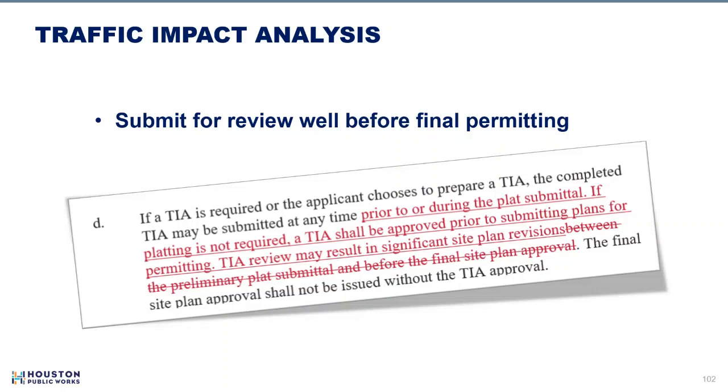We have been stressing this individually to every applicant in our TIA review process at the city, but we wanted to update the IDM to reflect it. Submitting a TIA during final permitting leads to a lot of issues with all stakeholders. The TIA needs to be submitted as the plans are developed to minimize delay and possible significant design changes. So really early on, as you're developing your site plan, you should be having the TIA conversation with the city.